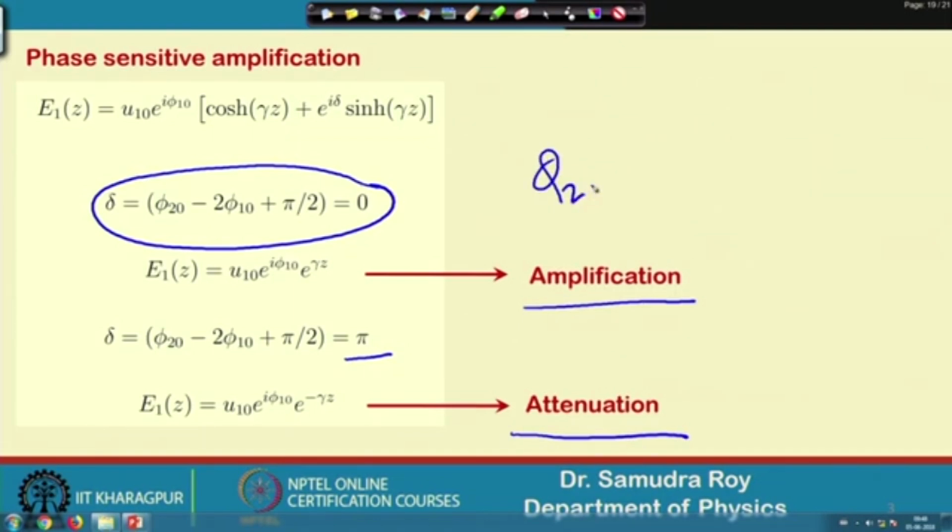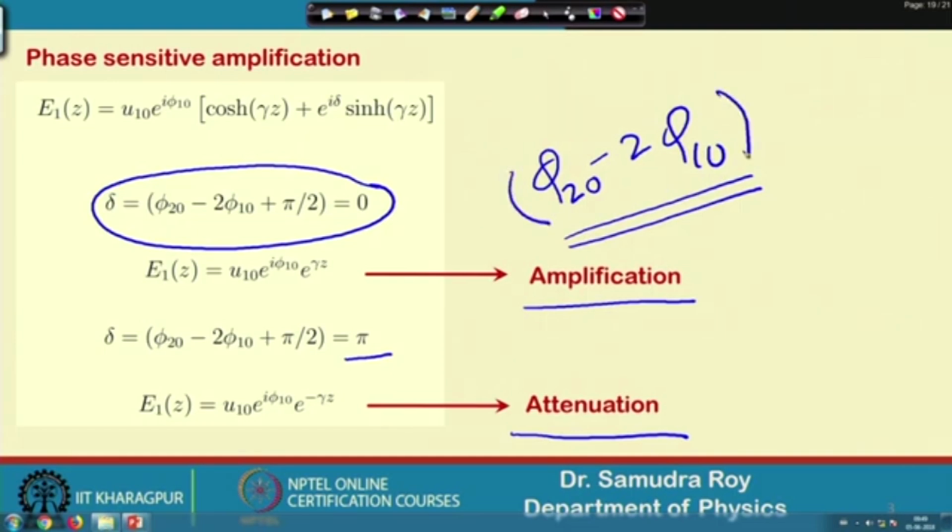Now, if we look very carefully at this term, phi 2 0 minus 2 phi 1 0, this is not a very new term, because we have already found this phase when we were calculating something related to this theta.